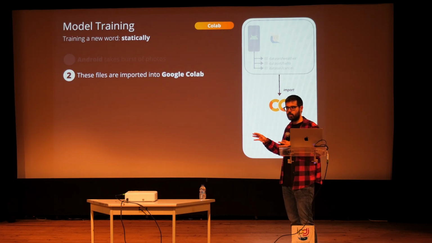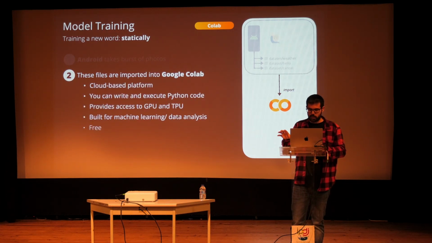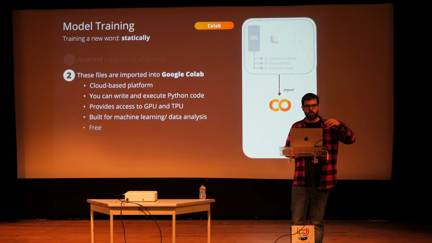Anyone used Colab? Okay. So Colab is basically a tool that allows you to train your models on the cloud. It's free-ish, meaning that depending on the size of your data, you can use Google CPUs and GPUs for free.